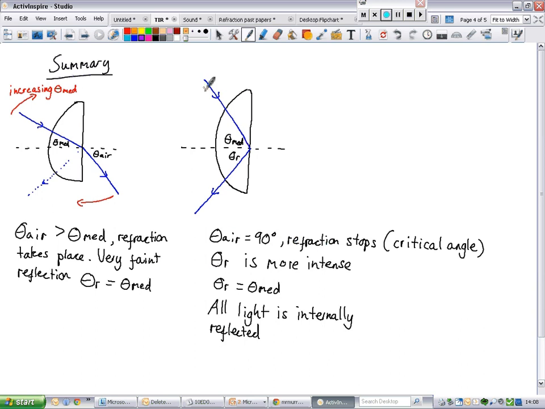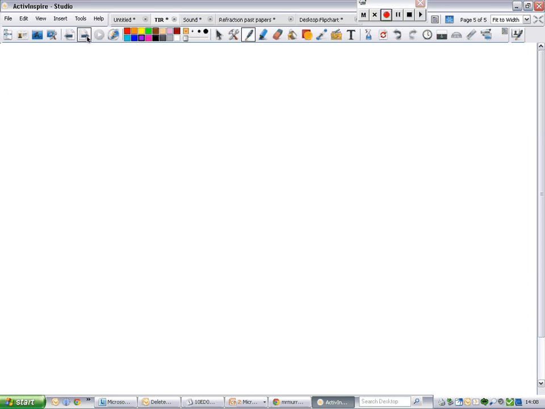This reflected ray is much more intense because all of the light is reflected back, and that's when internal reflection happens. We're looking to use that knowledge, the fact that the critical angle happens at theta equals 90 degrees in air, combined with what we had for refractive index before to figure out a new equation for the critical angle.